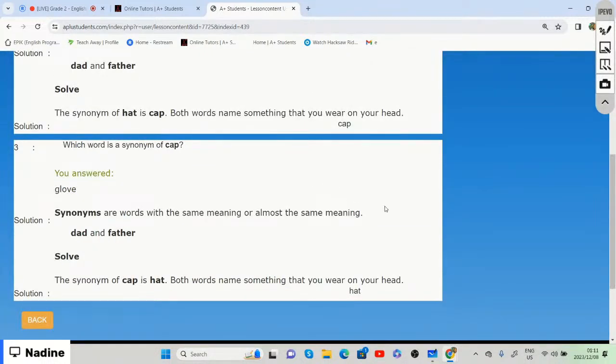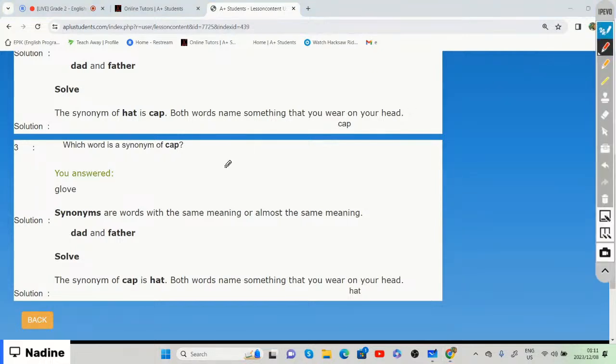Which word is a synonym of cap? So if we were to find the synonym of cap, then we will say it is hat.